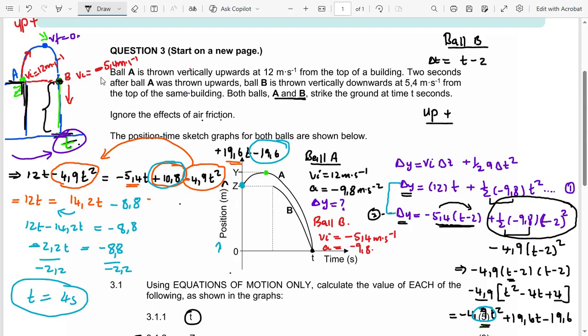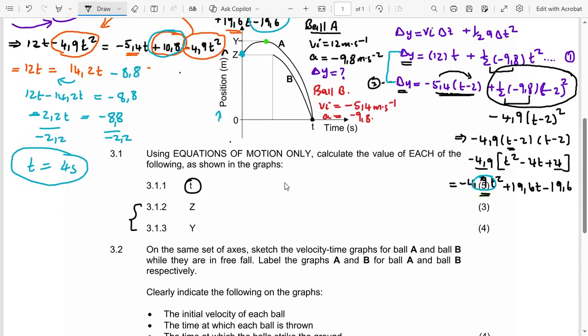If I look at ball A, I know that the V initial of ball A was minus 5.4. So delta Y is equal to V initial delta T plus half a delta T squared.